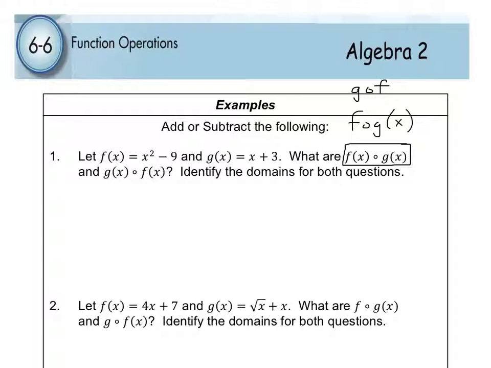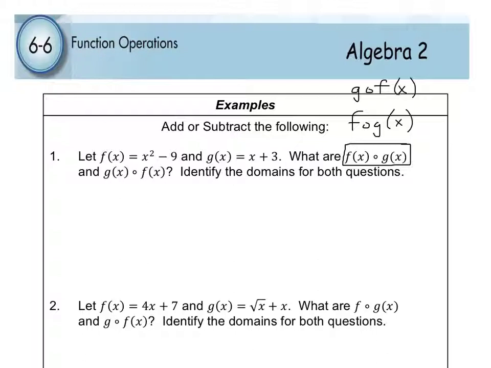It's not really an O. What that means is f composition g, or g composition f. It's a composition symbol. It's not an O. So I just wanted to clarify that notation with you.